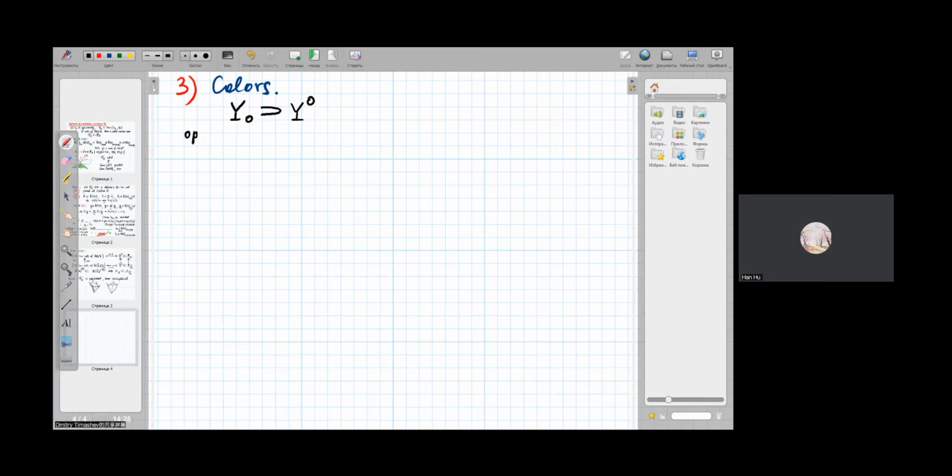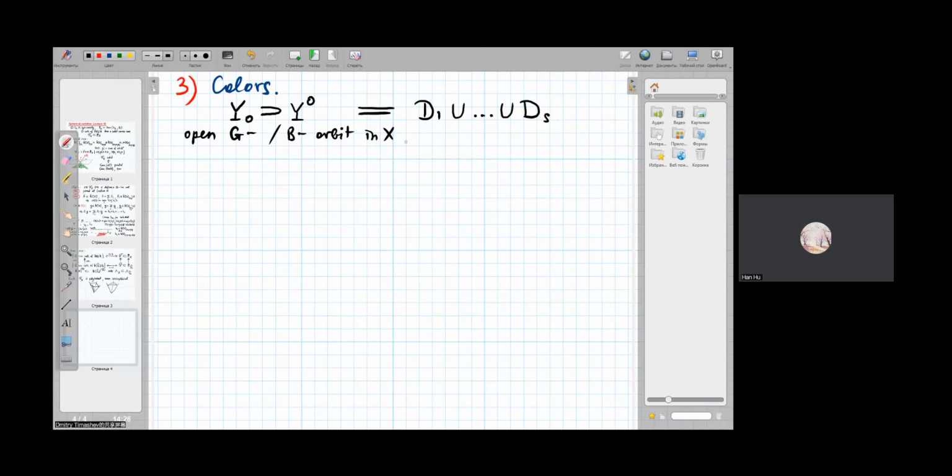So this is the open G and B orbit in X. And since the open B orbit is affine, its complement inside Y naught is the union of finitely many prime divisors. We have already used this decomposition for the complement of the affine open B orbit in the proof of some lemma.